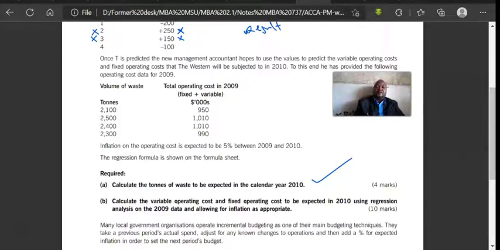So you can safely determine that the tons are actually our X and these ones are actually our Y values. And remember, in the exam, you would be given the formulas for the regression model, but we know that the dependent Y is equal to A plus Bx, a linear equation.